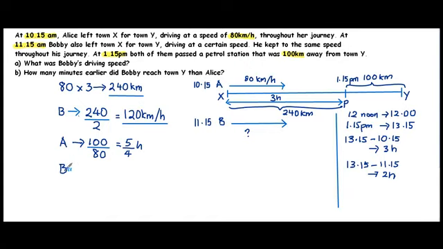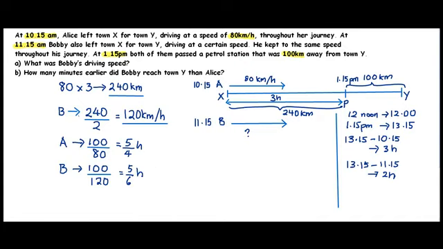Bobby's time would be 100 kilometers over his speed of 120 kilometers per hour, and this would give us 5 over 6 of an hour.